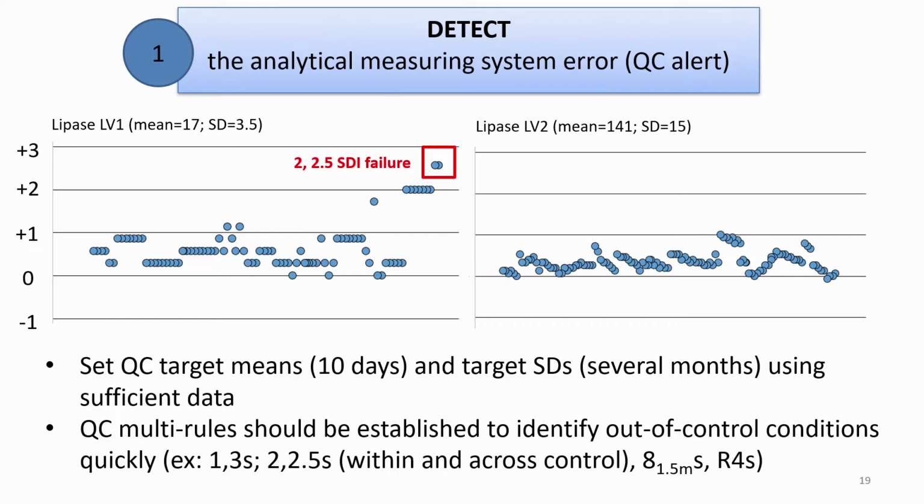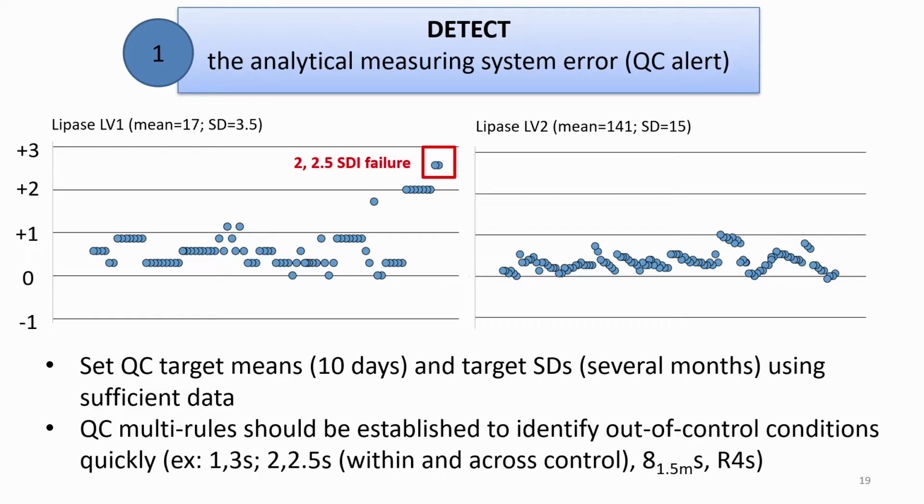The C24 document recommends that we set our target means and standard deviations with sufficient amounts of data. We need at least 10 days worth of QC data for a new lot to set the target mean. And the document recommends that we need several months worth of data to set the target SD.